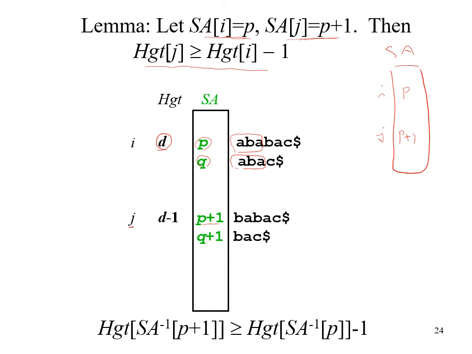And consider this suffix Q. If the suffix at position Q plus 1 is also adjacent to the suffix at position P plus 1, then the length of the LCP is 1 smaller, so this is D minus 1.